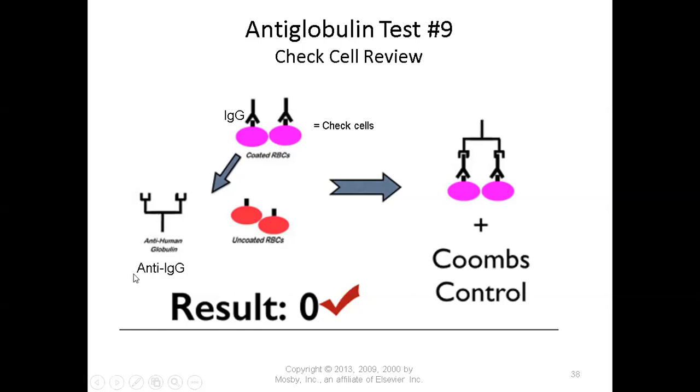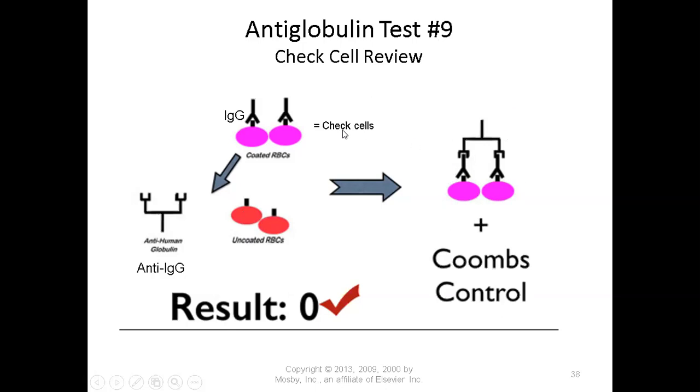Our anti-human globulin, anti-IgG, should then say, hey, there's IgG, that's my target, and bind to it. And so the end result is, we're going to see agglutination after adding the check cells because our AHG is binding to the check cells present in that tube. There was no binding that happened with the other red cells in the test system.